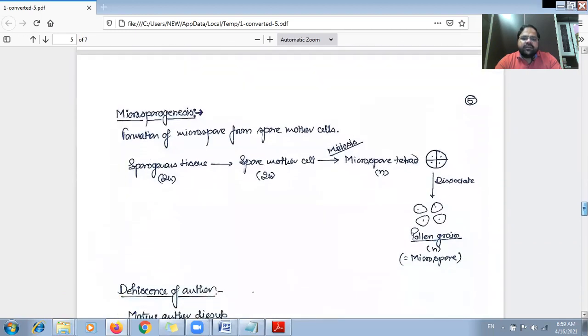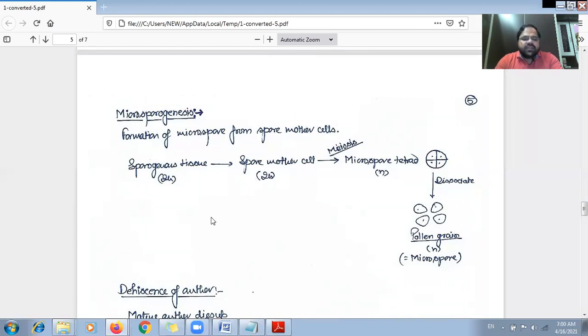Now we'll understand microsporogenesis. Microsporogenesis is the formation of microspores from the spore mother cell, and as I told, these microspores are formed from the microspore mother cell by the process of meiosis.